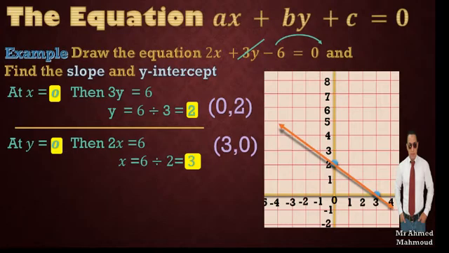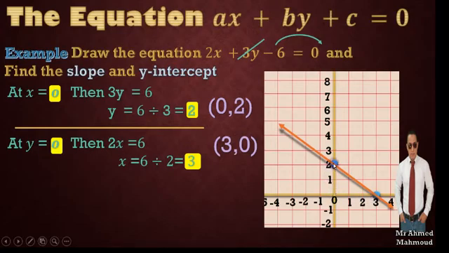Okay, this is not the purpose of my example. I need now to find the slope and y-intercept. How can we find the slope? I can find the slope from the graph, or I can find the slope from the 2 points. From the graph, I explained before that the slope is y change over x change.